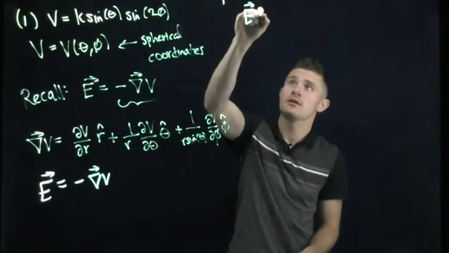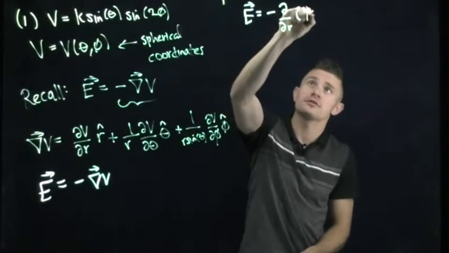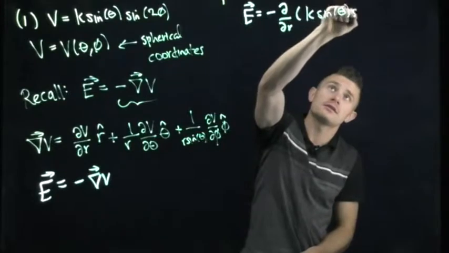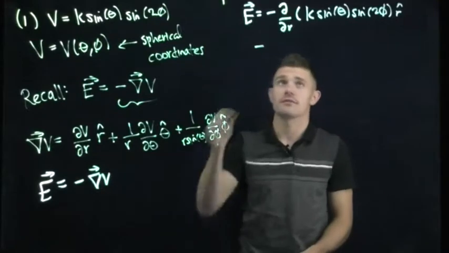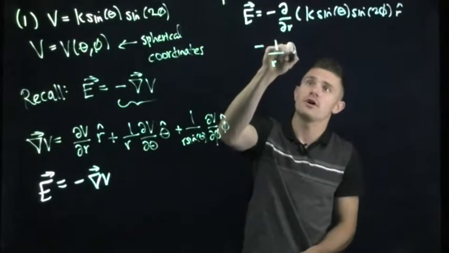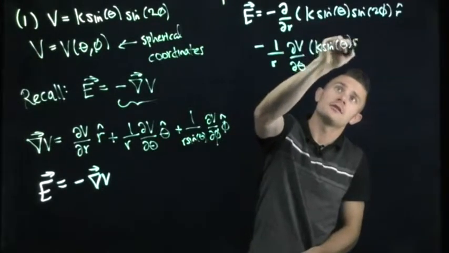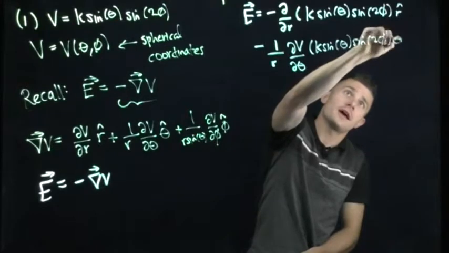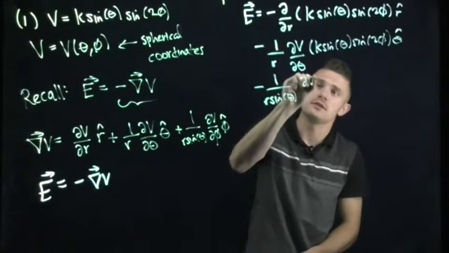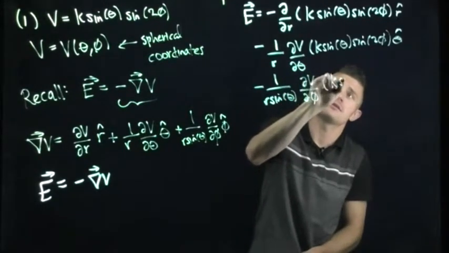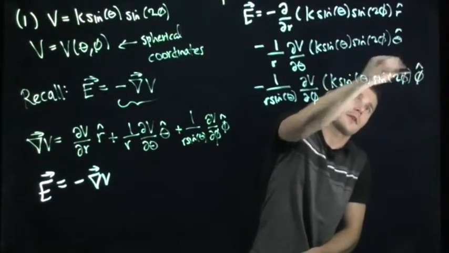We see that E is equal to negative d by dr of our potential, K sine theta sine 2 phi, r hat, minus, again, the minus sign from in front of the gradient, 1 over r dV by d theta of K sine theta sine of 2 phi, theta hat, and then finally minus 1 over r sine theta dV by d phi of K sine theta sine of 2 phi, phi hat.